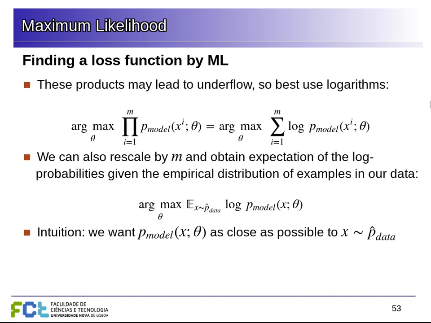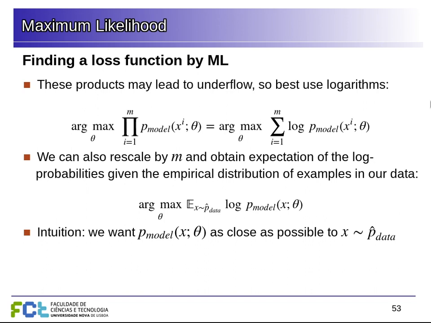And also, if we are summing the logarithm of the probability given by the model for each individual data point, we can also consider, instead of maximizing this, maximizing the expected value, so the average over all the points. It will give us the same thing, so we can say this maximum likelihood approach is equivalent to this.